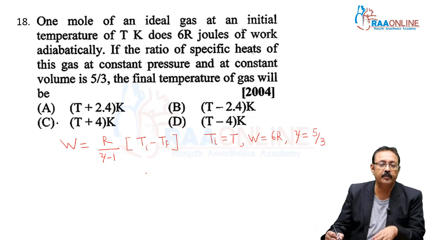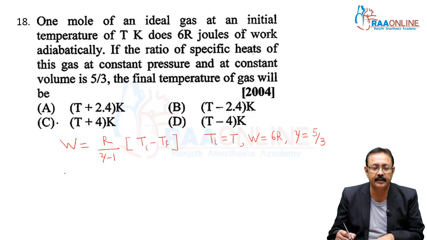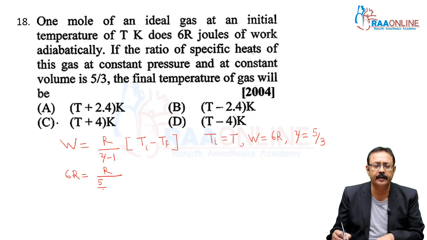So it is easy to calculate Tf. It should be 6 R equals R upon gamma minus 1, meaning 5/3 minus 1, into Ti minus Tf, that is T minus Tf.